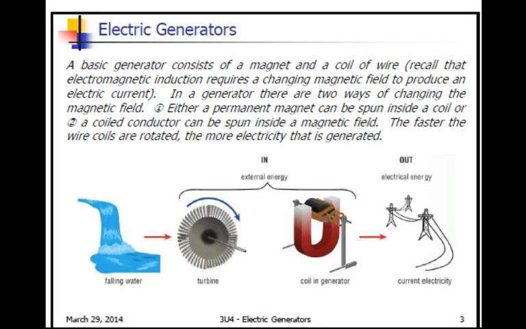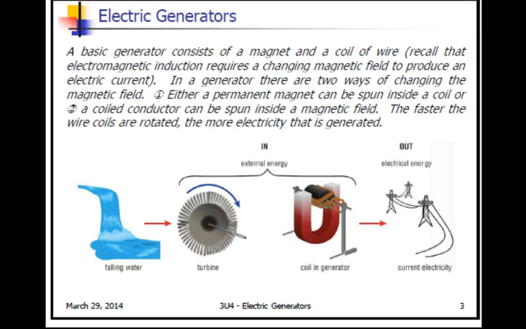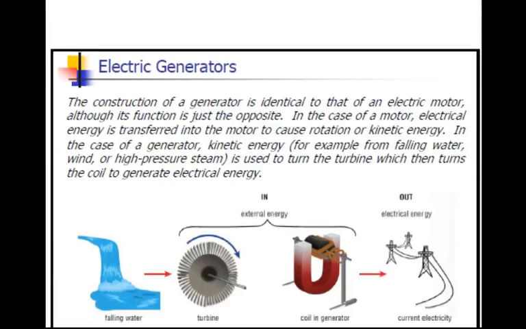We can turn the turbine in a number of different ways, using falling water, by using other sources of energy to heat water to turn it into steam, and turning those turbines with steam. They can be turned by wind as well. Through the electromagnetic induction that we generate that electricity, we can then transport that electricity over large distances to be used at other places.